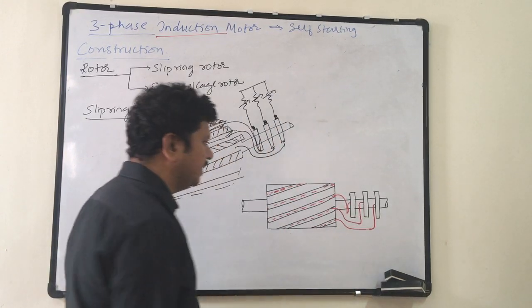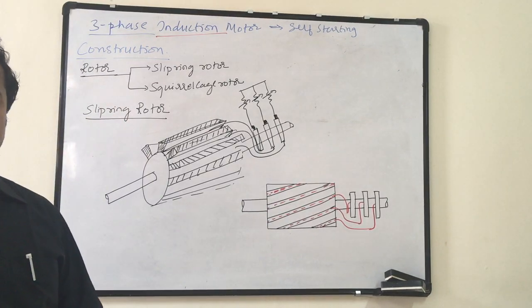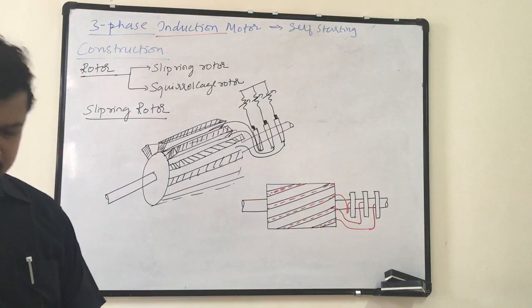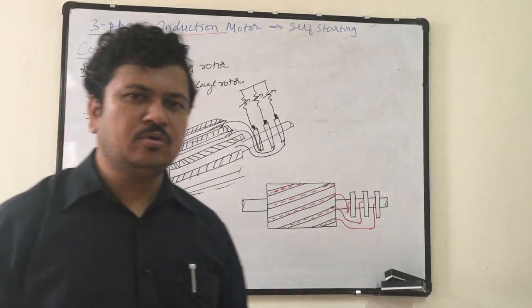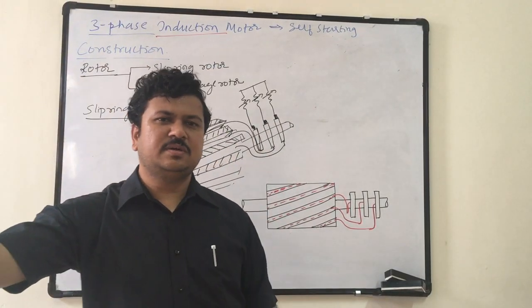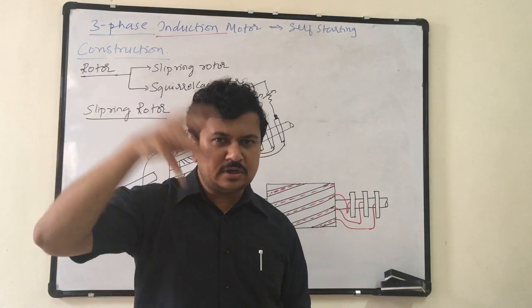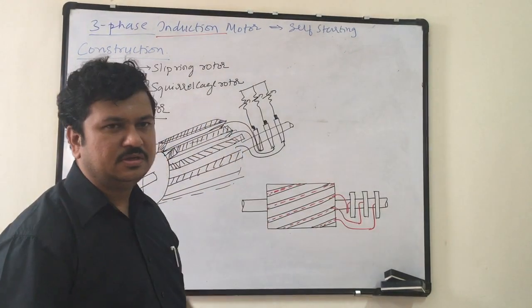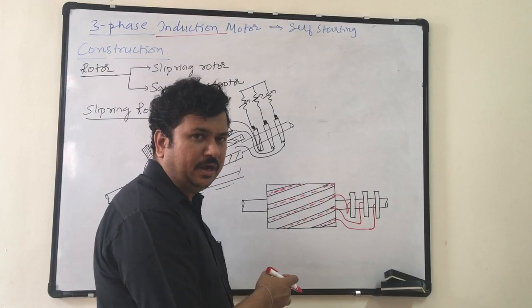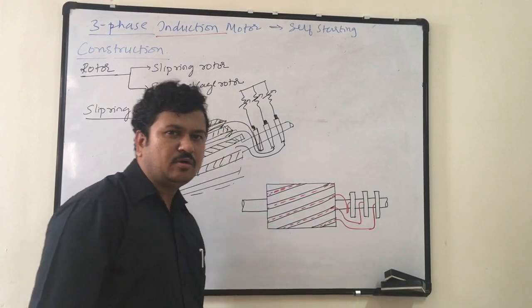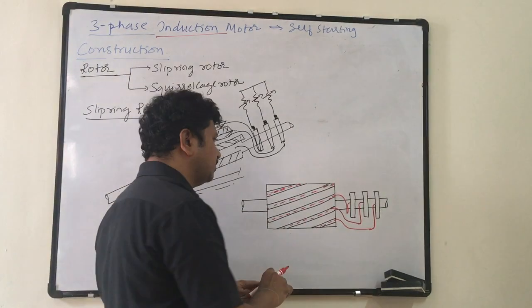Why am I using slip rings? Because I want to connect external resistance to the rotor. Already we have discussed in the synchronous generator how to connect a stationary supply or stationary circuit to a rotating circuit, that is through slip rings. So when the rotor rotates, slip rings will also rotate and they will be in contact with the external circuit through brushes.